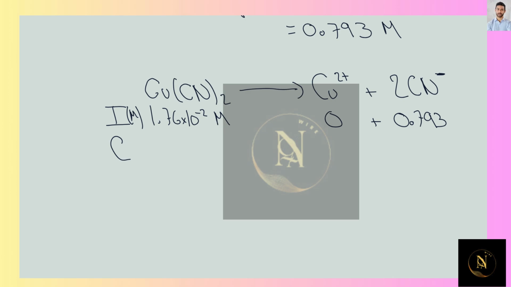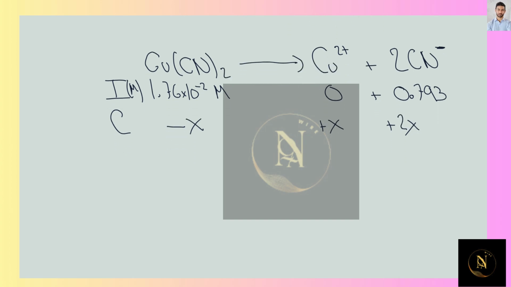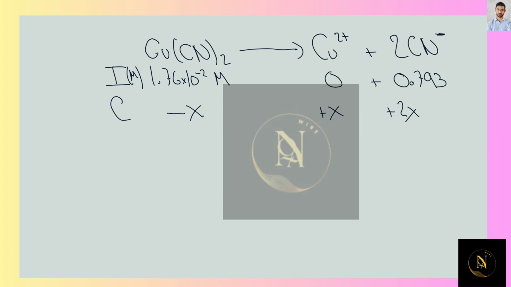Now, the amount of change we're going to call X. So we're going to produce an X amount of Cu2+ and a 2X amount of cyanide minus. Finally, at equilibrium, we're going to have 1.76 times 10 to the minus 2 minus X of the complex, X of Cu2+, and 0.793 plus 2X of cyanide minus.